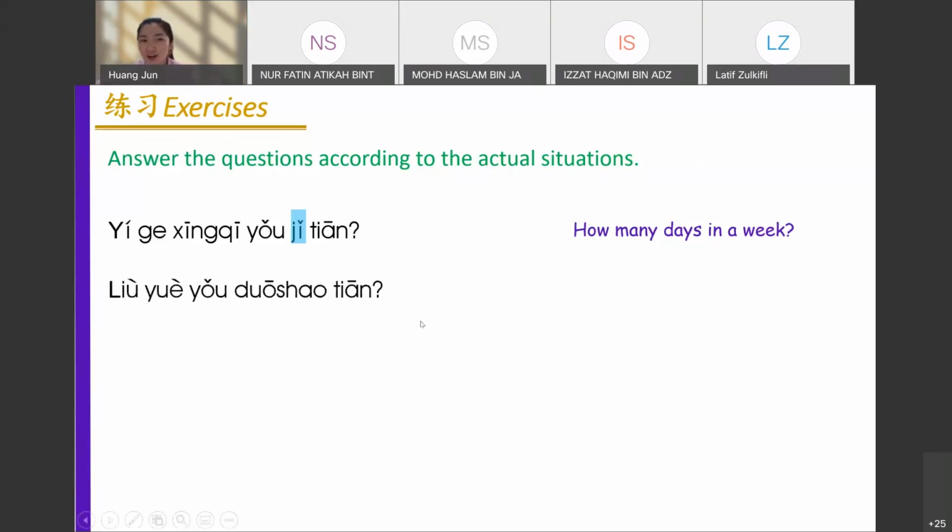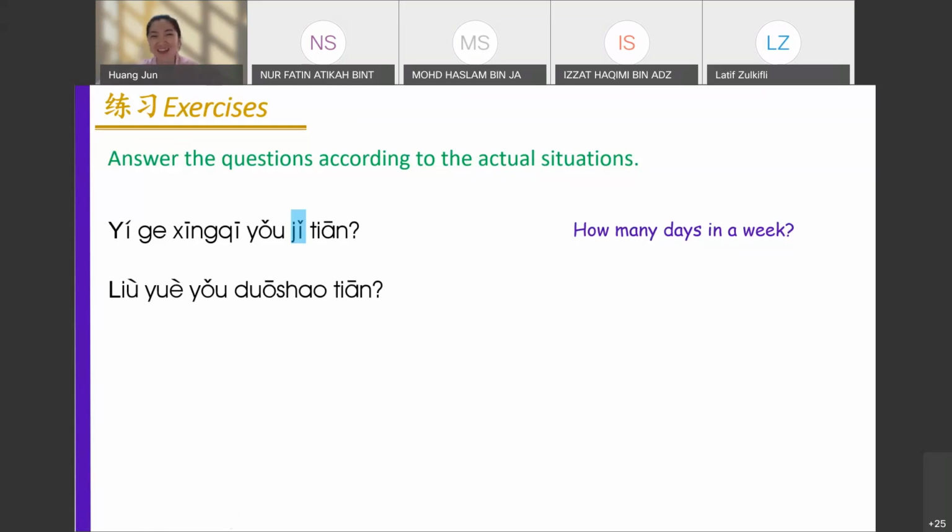One more. 6月有多少天? Step 1, tell me where the question word is in the sentence. Which one is the question word? 很好. 多少, right? 多少 is the question word. So what is 多少 asking for? 多少, what's the meaning?